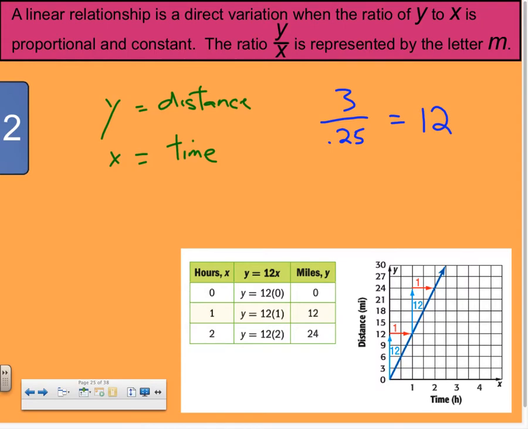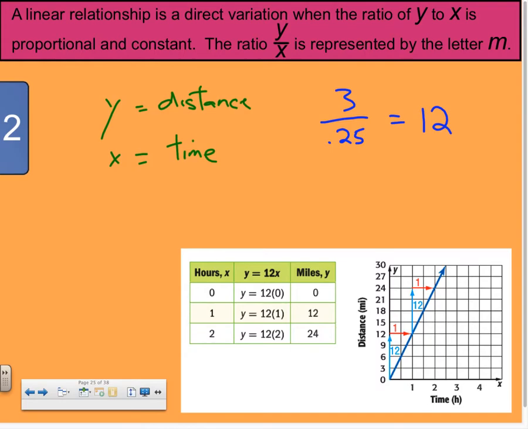So just like that, I've discovered what my slope is, or my coefficient, my constant rate of change is 12, which in a direct variation is the same as unit rate. So in this situation, a unit rate of 12 means he can do 12 miles an hour on his bike.